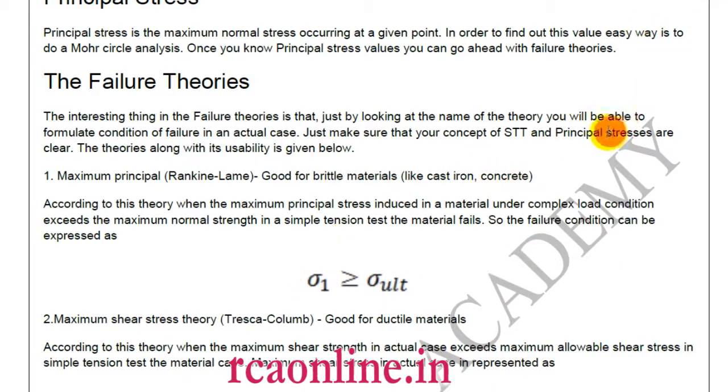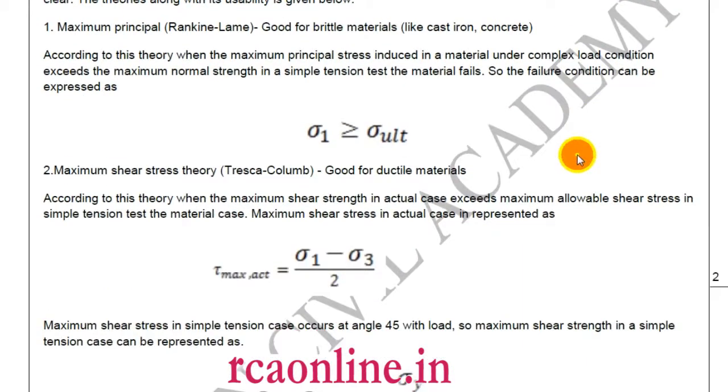The second theory is the maximum shear stress theory given by Tresca and Coulomb. This theory is good for ductile material. As the name suggests, it is about maximum shear stress.